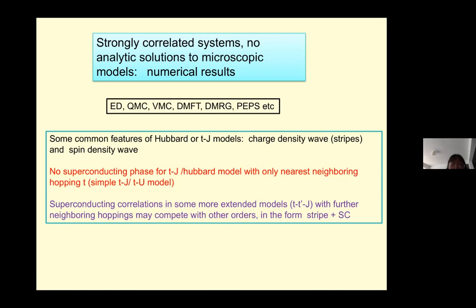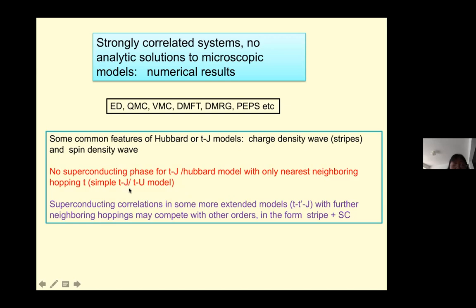I think the common feature of studying the Hubbard and t-J model is that the charge density wave is often one of the most important orders in the ground state. And depending on the doping level, sometimes spin density wave can also compete with the charge density wave.